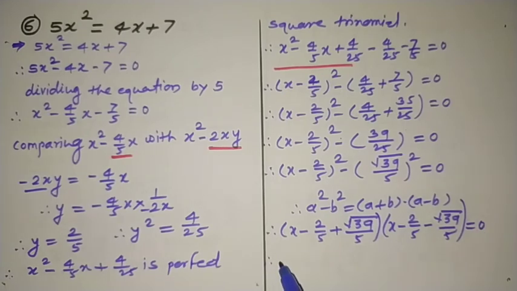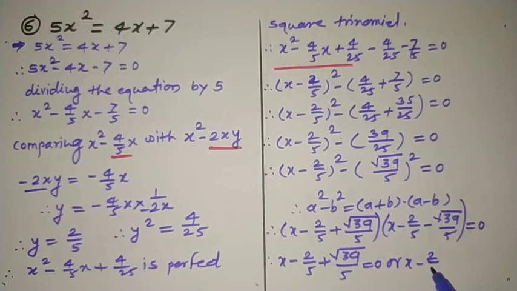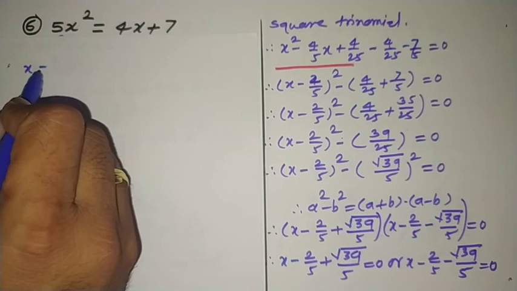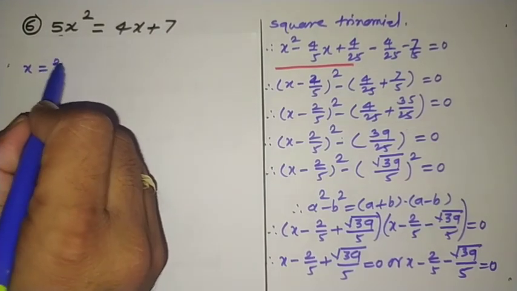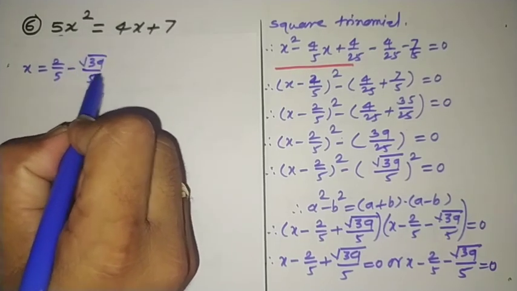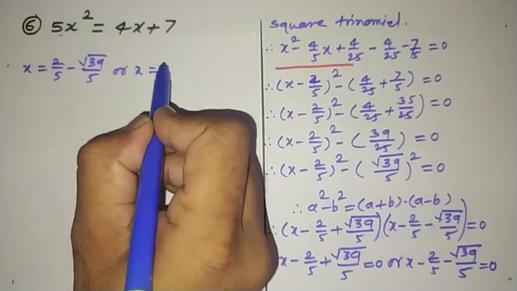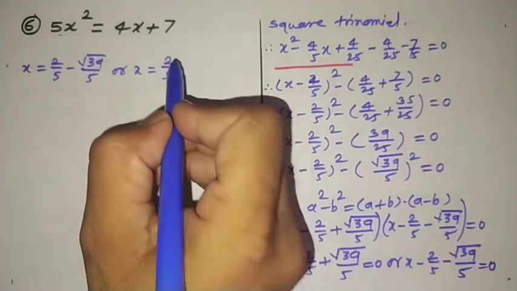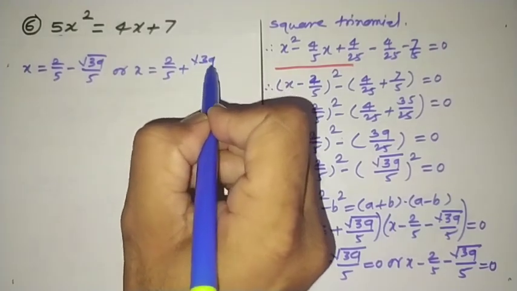Therefore, x minus 2 upon 5 plus root 39 upon 5 is equal to 0, or x minus 2 upon 5 minus root 39 upon 5 is equal to 0. Therefore, the value of x is equal to, it goes to the right hand side, plus 2 upon 5 minus root 39 upon 5, or x is equal to 2 upon 5 plus root 39 upon 5.